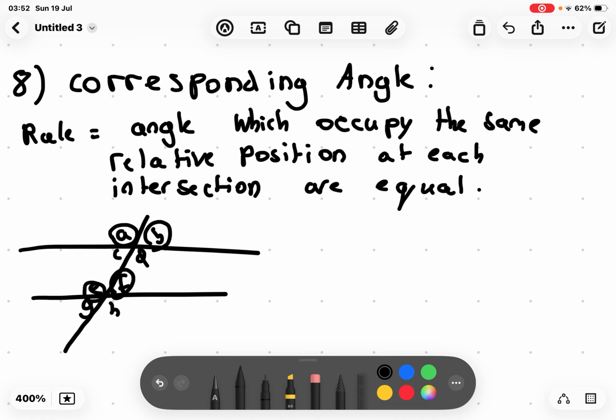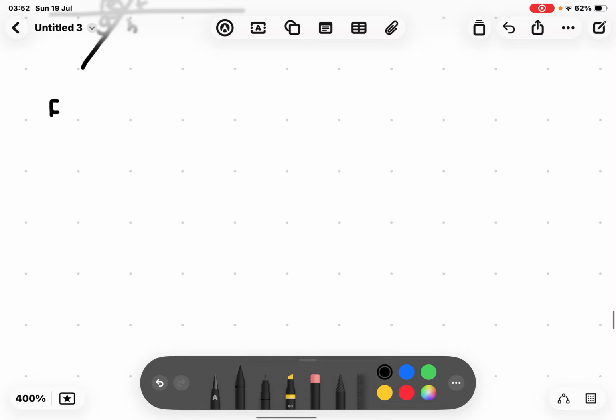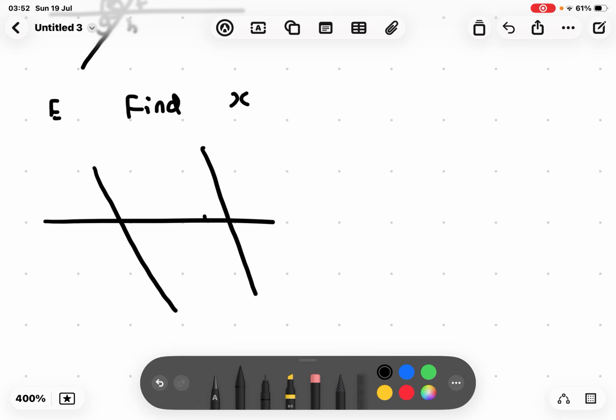B, basically, if they're in the same position, they're equal. So the example is find x. Well, they're in the same position, so x is 41.